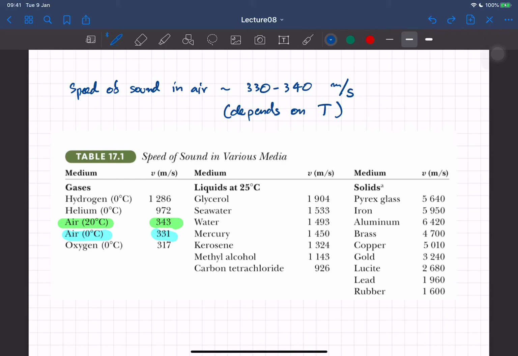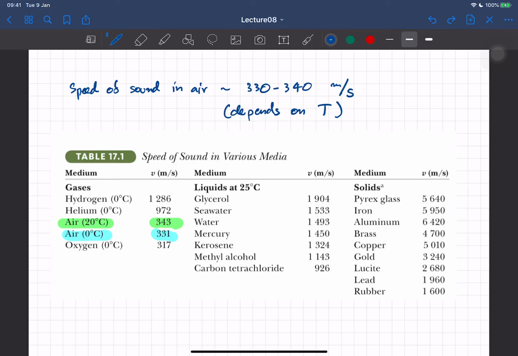But if you take now helium, which is very light compared to normal air, then the speed of sound will be way, way, way faster, like almost 3 times faster. And to the extreme, if you take hydrogen, which is the lightest element that you can have, then it's going to be even higher in the speed of sound. Right? It's because the molecular mass of this gas, the hydrogen, is a lot lower compared to other types of gas.